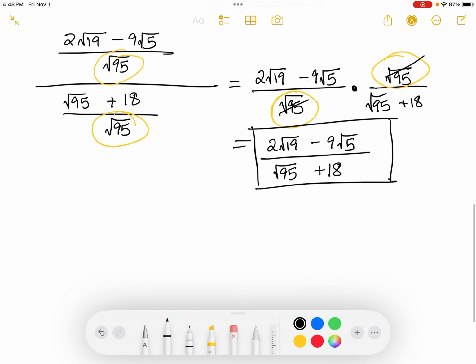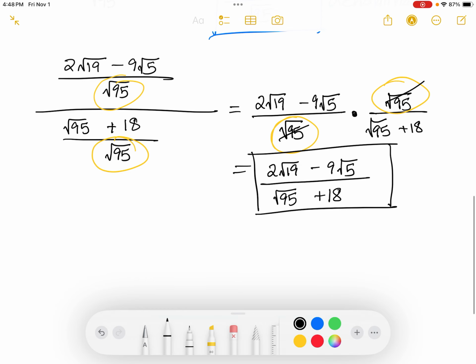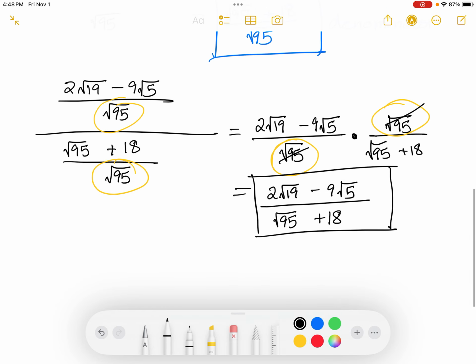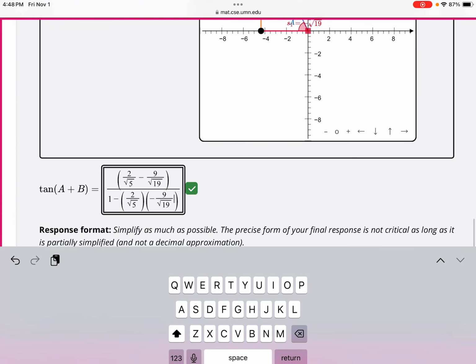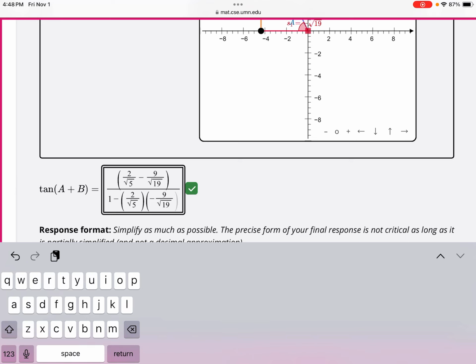If aesthetics were extra credit, I would be getting extra credit for this problem, but to make sure that we did all of our simplification correctly, let's just go plug it into the math tool. And this takes a minute to delete because I don't know how to delete the whole thing at once.